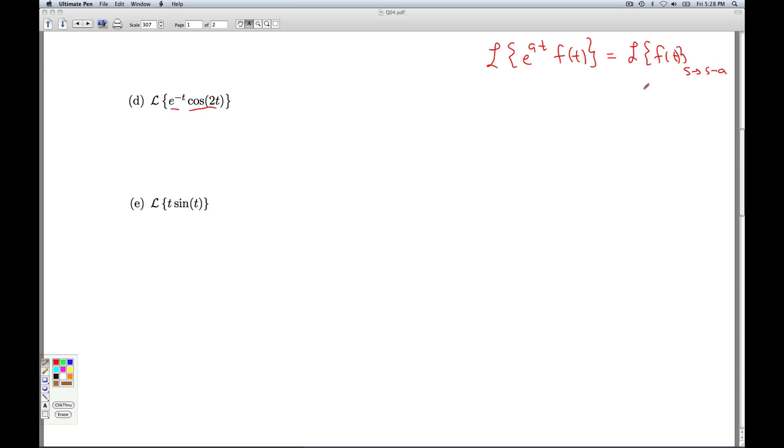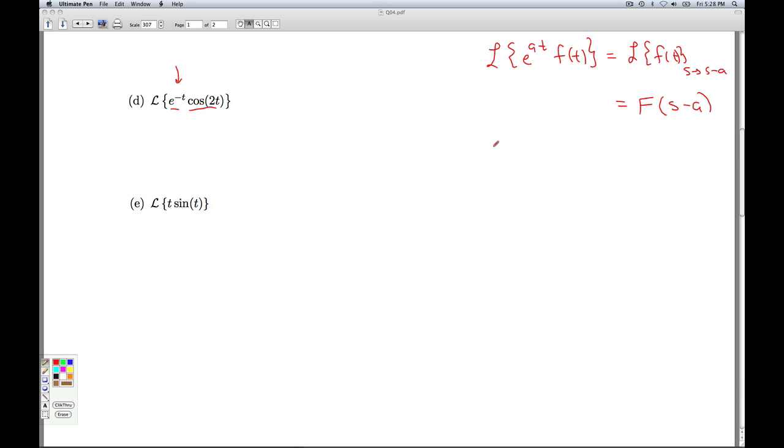Basically it's a shift in the Laplace transform of little f of t. Usually we write the Laplace transform of little f of t as big F of s, so this then is F of s minus a. That's how we're going to handle this exponential.